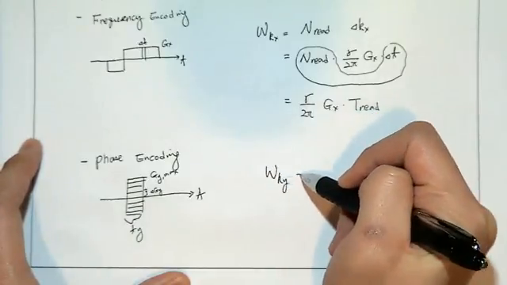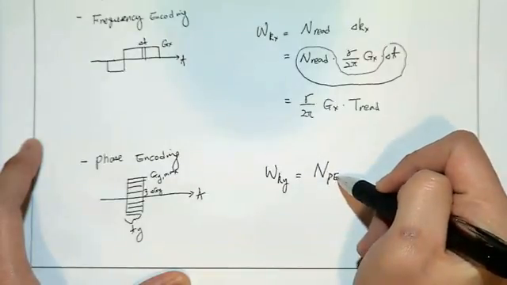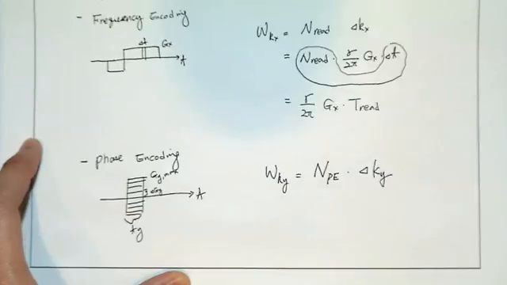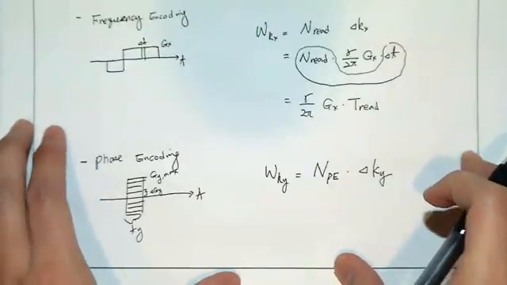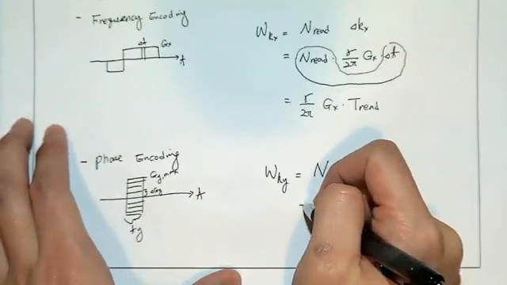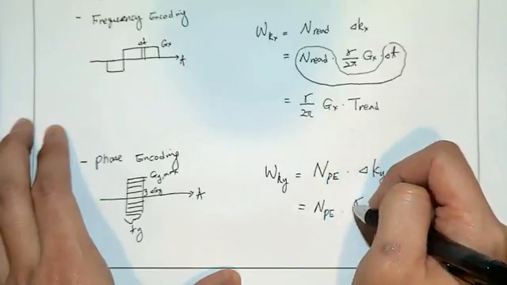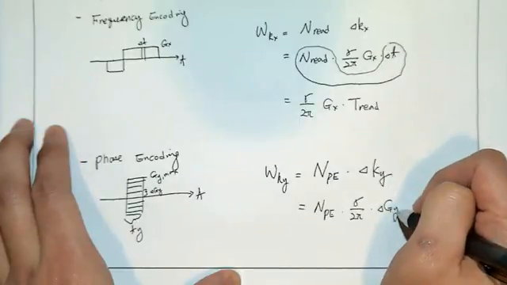WKY is equal to the number of phase encoding points times delta ky. And delta ky is gamma over 2 pi times delta Gy times Ty. So I'll just rewrite it: PE times gamma over 2 pi delta Gy times Ty.